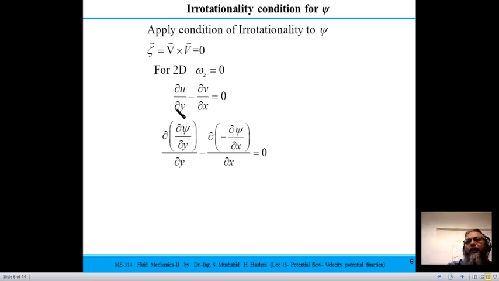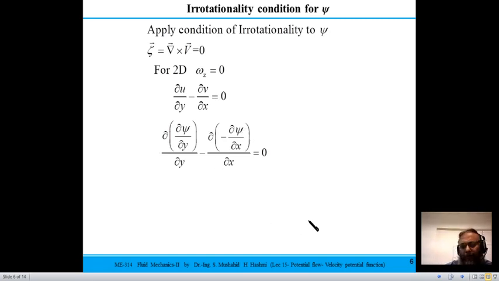So in this irrotationality condition, I have substituted the value of u in terms of the stream function. Similarly, we know that the v component of the velocity is the negative of how the stream function changes with respect to x. So I have substituted the velocity component v in terms of the stream function.